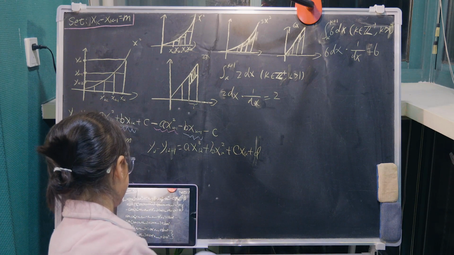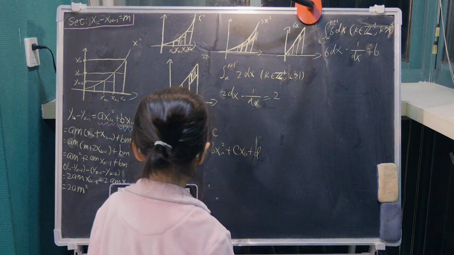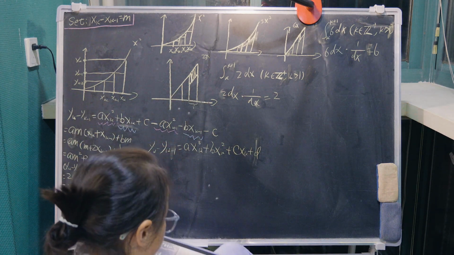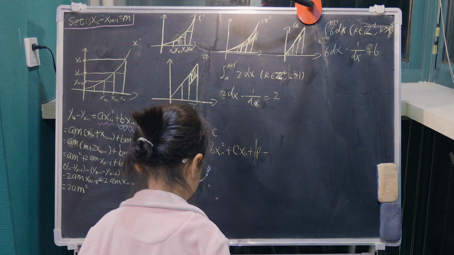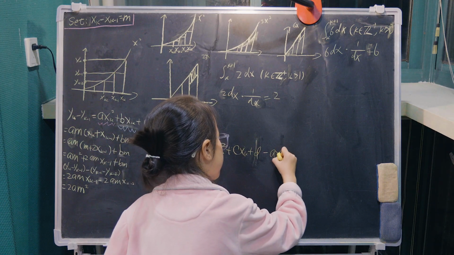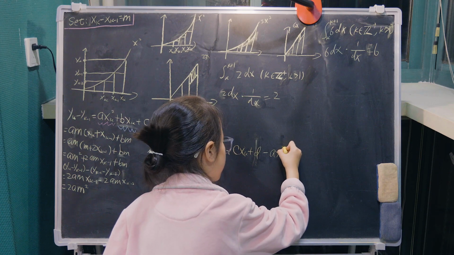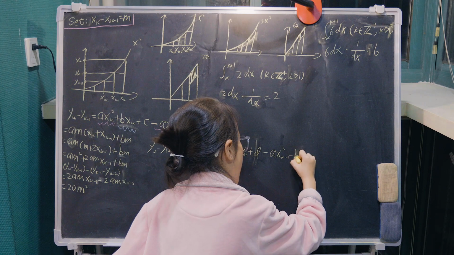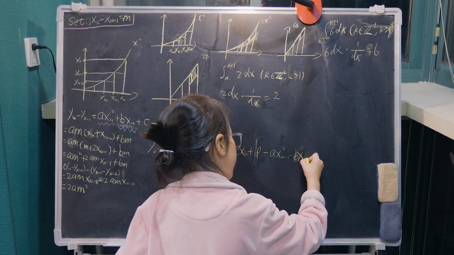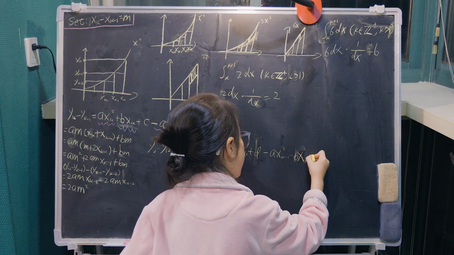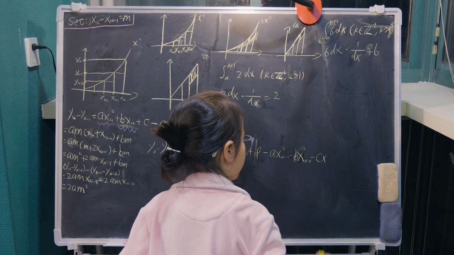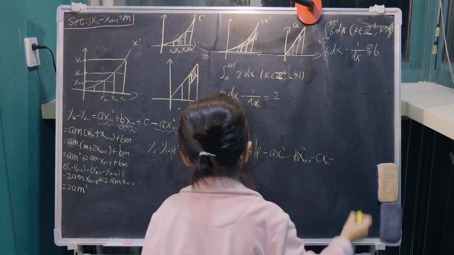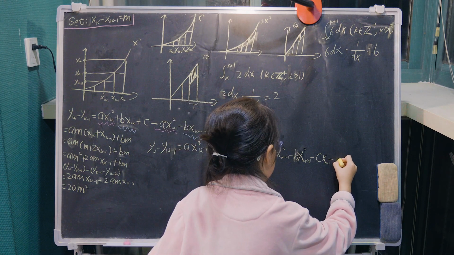Okay, and then minus a x(k minus 1) to the 3, and then minus b x(k minus 1) to the 2, and then minus c x(k minus 1), and then minus d.